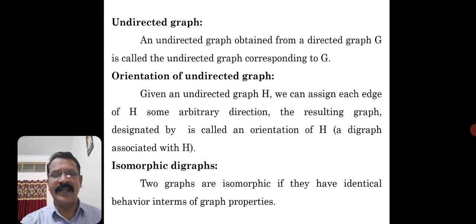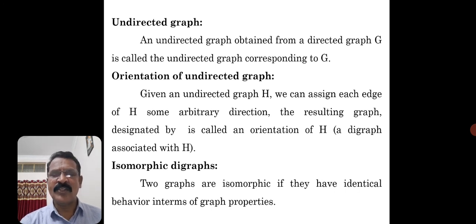Then some arbitrary direction is given to each edge of H. The resulting graph is called an orientation of this undirected graph. So that will again be a directed graph, a digraph associated with H.